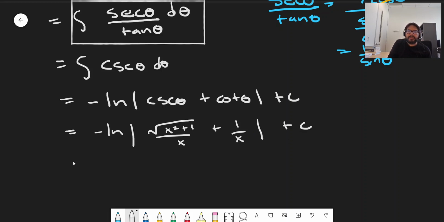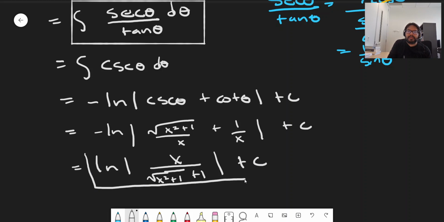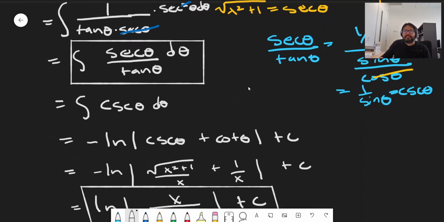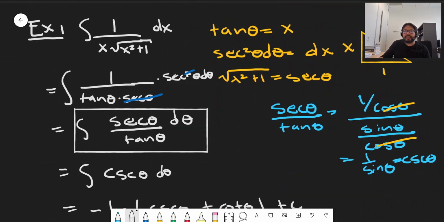Now, you can actually rewrite this because they have the same denominator, and you have a negative 1 there. So that's going to give you ln of x divided by the square root of x squared plus 1, and then you have plus 1, and then you just close it, and you have plus c. So this would be the antiderivative of this integral right here.